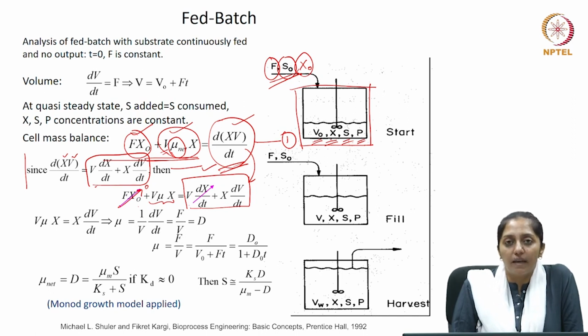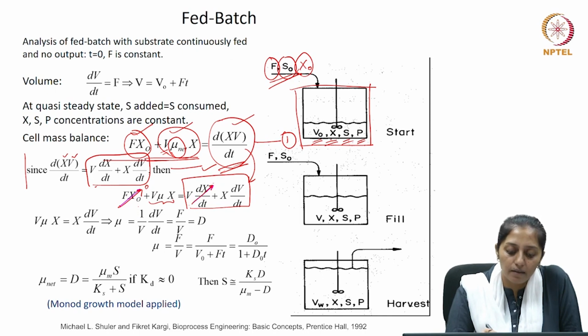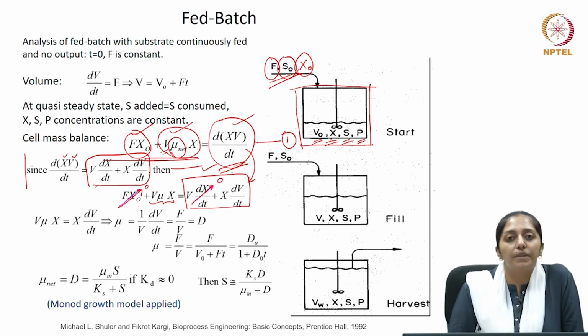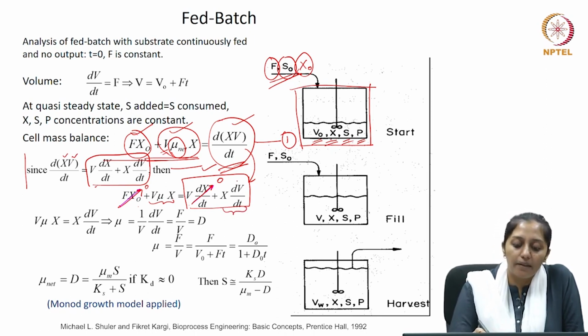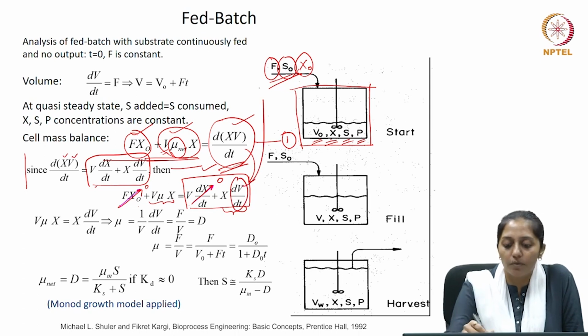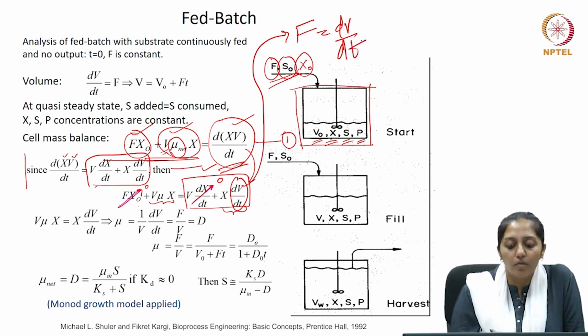Steady state would mean that x is not changing with time. So, at quasi steady state, this term will also go to 0, and the remaining term is X dV by dt. Now, you know dV by dt was equal to F. So, now we will substitute F in place of dV by dt here.